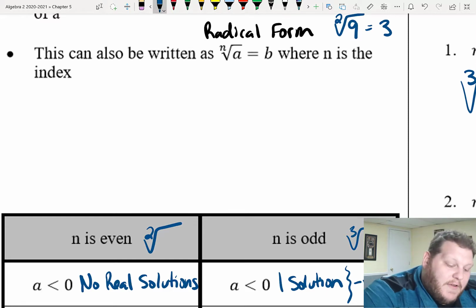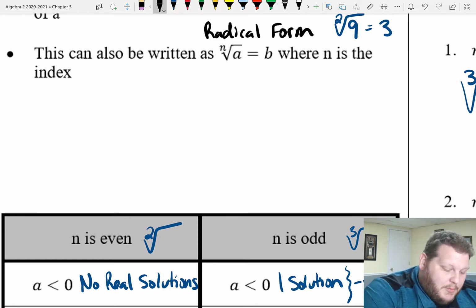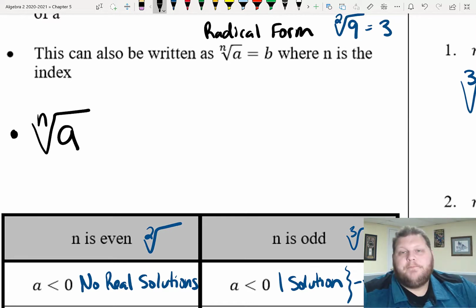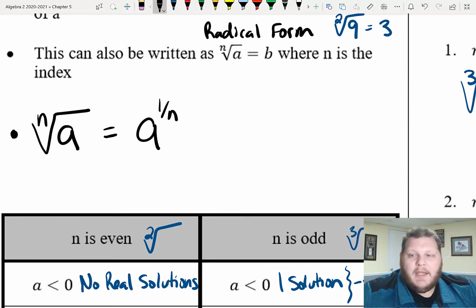If I've got the nth root of a, my nth root of a can also be written in exponential form as a to the 1 over n power, which is very strange, but that's another way of writing it.